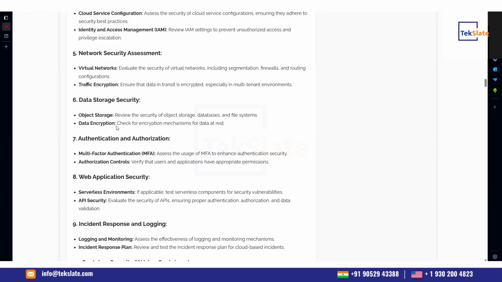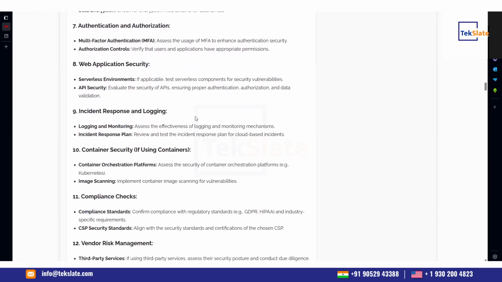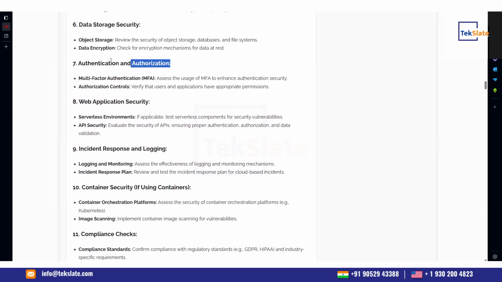As we know, data should be encrypted when it is at rest, not just when it is in use. Next is authentication and authorization security, where we can use multi-factor authentication. When someone is logging in through a portal, there should be multi-factor authentication, so that someone with potentially stolen credentials can't just log in.